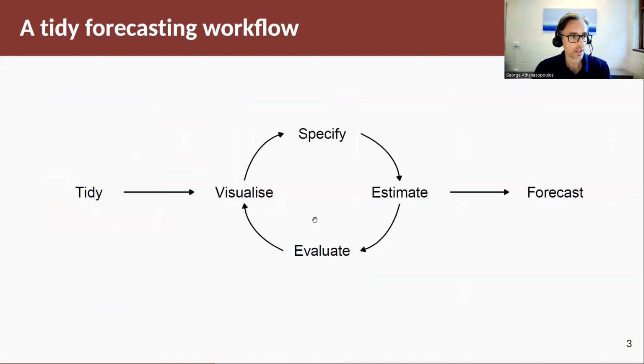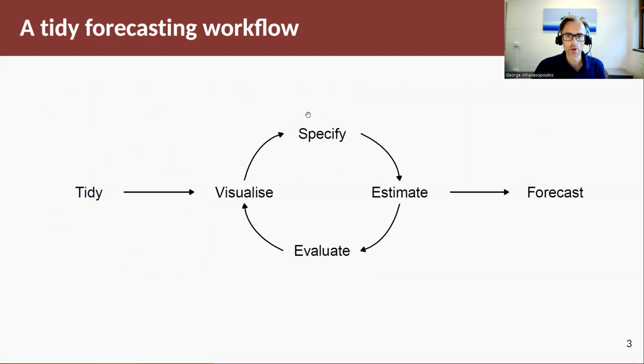Well, in a workflow diagrammatical sense, again, we start with tidying our data. Then once we've tidied it, we look at our data, we visualize our data to identify various features.